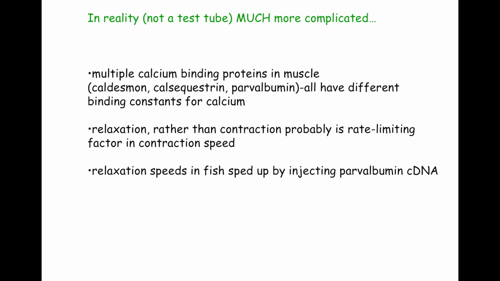In the relaxation phase, you can speed that up by expressing more parvalbumin. So you give more cDNA of parvalbumin. That's translated into more protein copies of parvalbumin, and the relaxation speed speeds up. So this is just an illustration of what I'm talking about up here, in that it's complicated. It's not just the troponins, it's also these other calcium binding proteins that determine how fast your muscles are going to work.